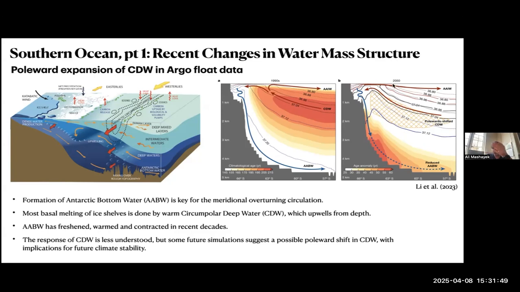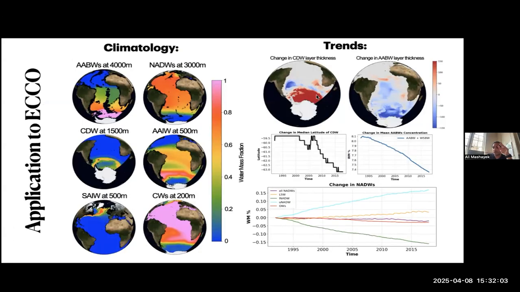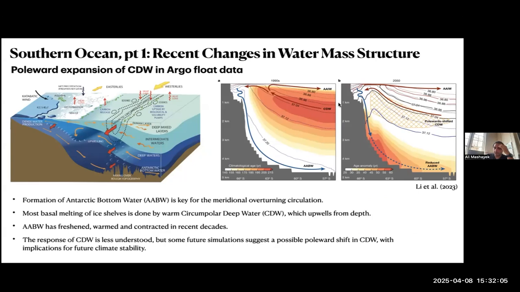This is a forecast to 2050. So the circulation is slowing down, so the waters are older because it's slowing down. And this bit here shows that there is a poleward shift of the CDW. That's basically what I showed before, which is the warmer water getting closer to Antarctica. So the bottom water formation and this branch of circulation is slowing down, and the warmer waters are sort of closing in.